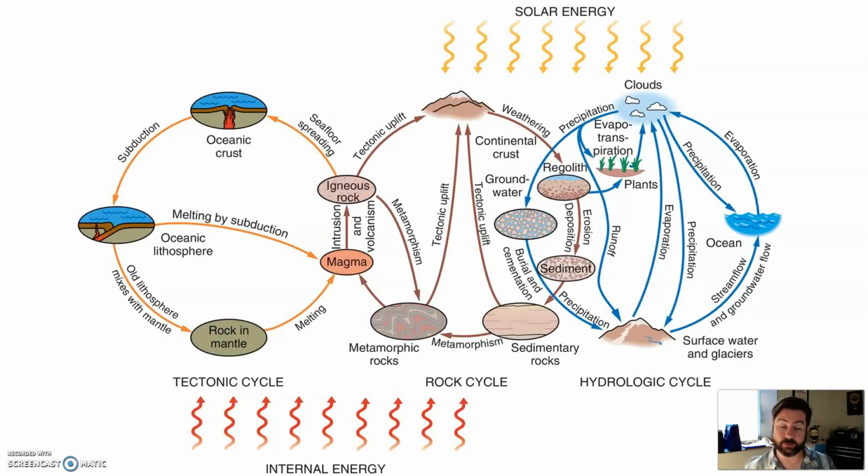All of these cycles that work within these spheres, within the systems as we defined them, all interact with one another. And it's actually going to be these cycles that dictate this semester. So we will start off talking about the tectonic cycle. The first third of the class will be the tectonic cycle, talking about magma, liquid hot rock, igneous rocks.